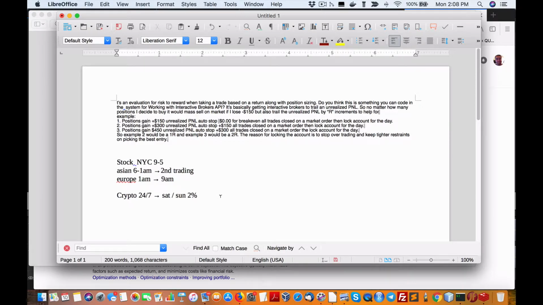And then as Asia opens up and there's a lot of volume coming out of Asia on the second trading session in these time zones, you can separate that out as a 2% target move, okay? And do the same thing with Europe. I don't think Europe gets as much volume as compared to Asia, but you can still take advantage of it and set a new daily target of 2% over those 24 hours. And then you can do the same thing for Saturday and Sunday as well.